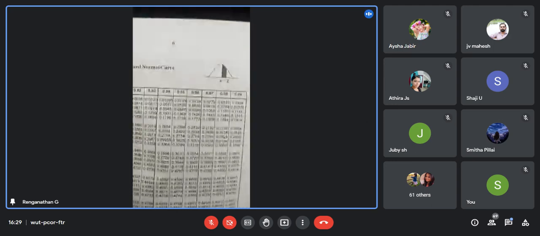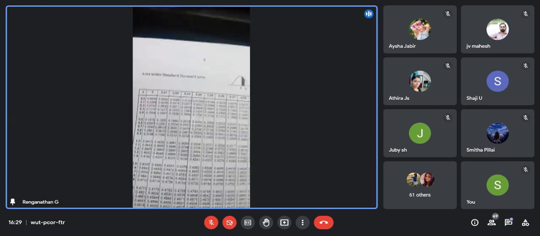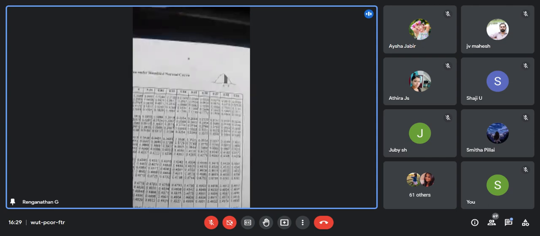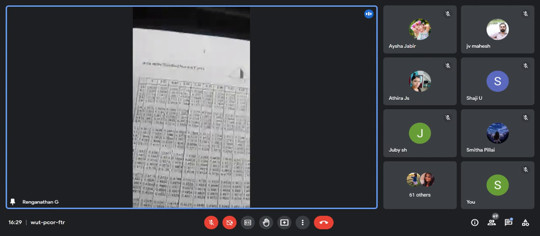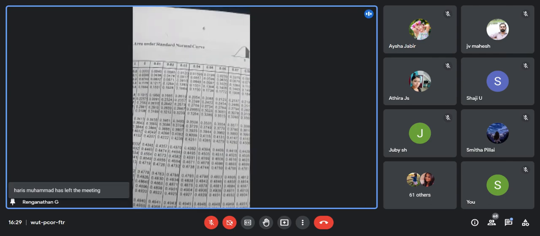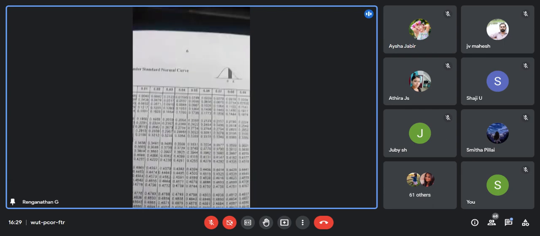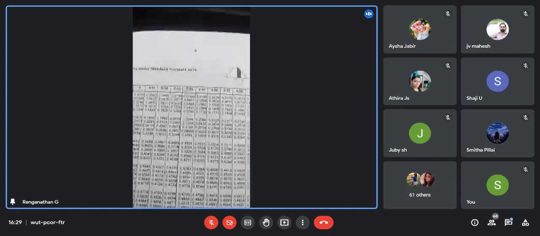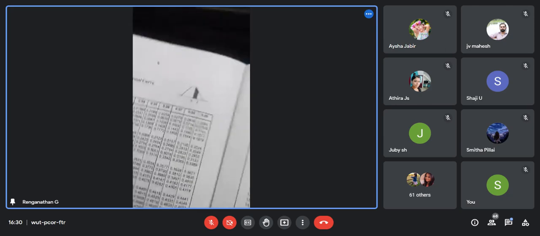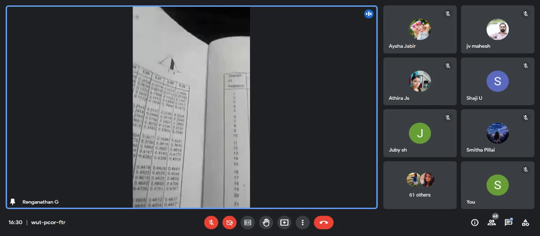I just show this normal distribution table. This is the normal distribution table. It looks like this. You can download this normal distribution table from Google, or you can purchase this in a bookshop. You have to keep this with yourself at the time of examination to find the values for the purpose of solving this question. Okay, and this table is called a normal distribution table, or otherwise called a standard normal curve. Okay, now I explain this question and use this table with the help of a question.